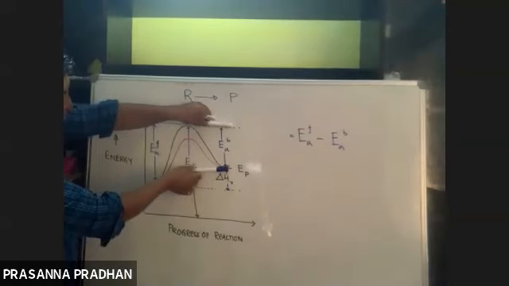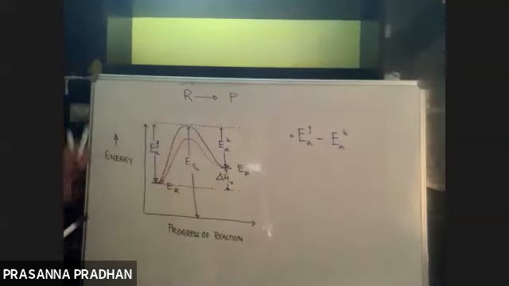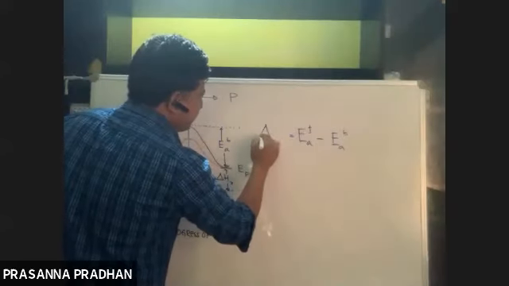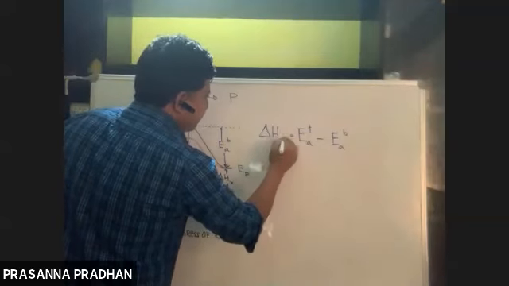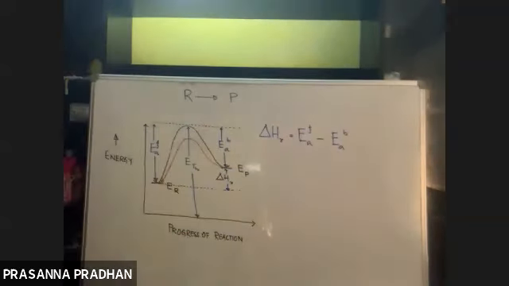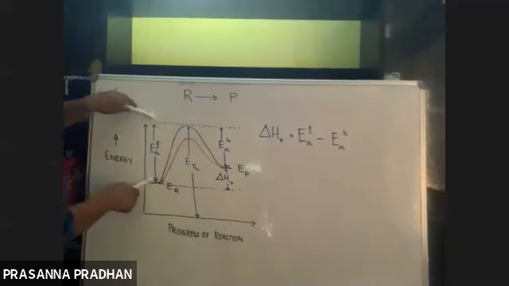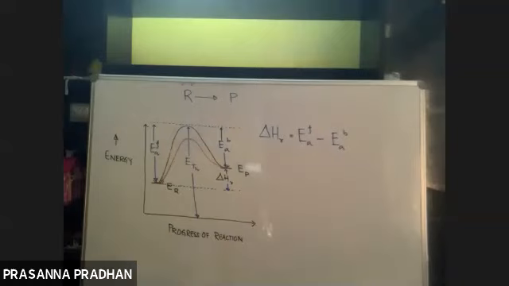EAF minus EAB is equal to what? Delta HR. Very good. Excellent. So the enthalpy of a reaction can be calculated by this formula: activation energy of forward minus activation energy of backward. Got it? Is it understood, guys?